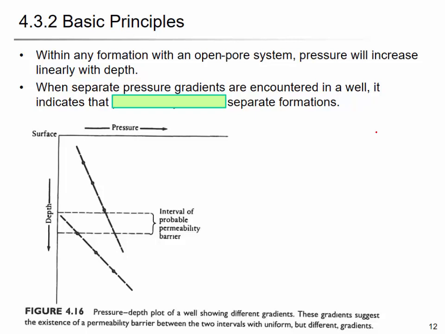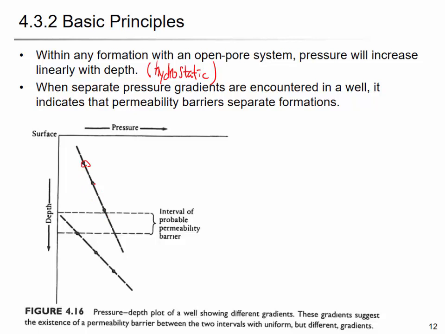Within any formation with an open pore system, pressure will increase linearly with depth. This is hydrostatic. When separate pressure gradients are encountered in a well, it indicates that there's a permeability barrier which separates the formation. So, for example, you measure the pressure at certain intervals.